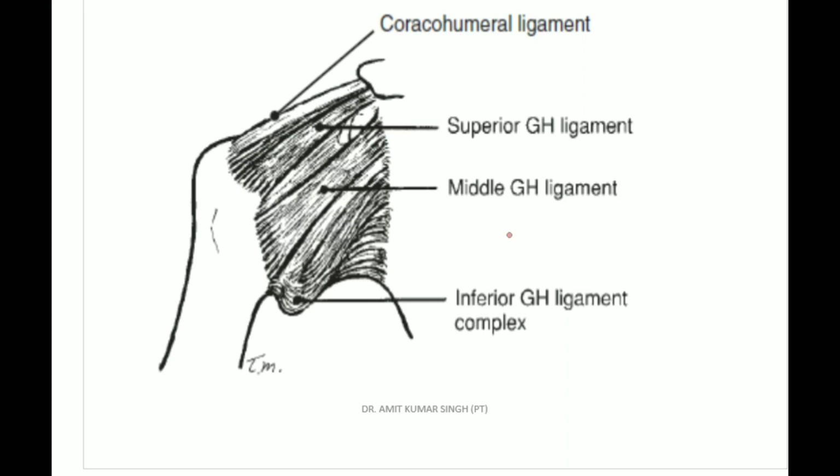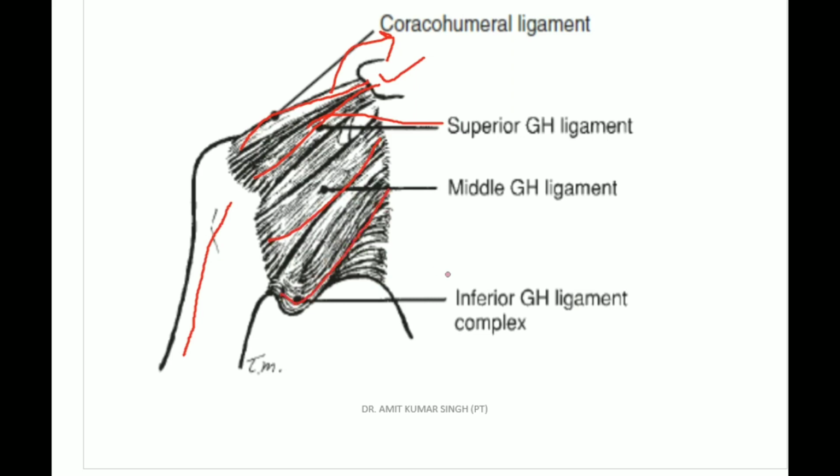So let us see where the foramen of Weitbrecht is. As you can see, this is our coracoid process. This is the head of the humerus. The ligament which comes from the coracoid to the humerus is the coracohumeral, then the superior glenohumeral ligament, middle glenohumeral ligament, and inferior glenohumeral ligament.